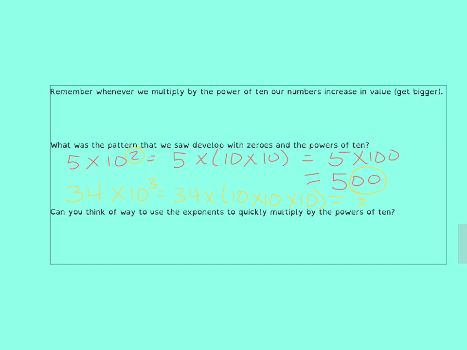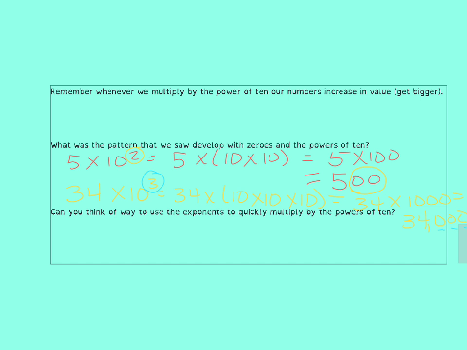So it will be 34 times 1,000. If I multiply those two numbers together, I will get 34,000. So let's quickly check. I have 1, 2, 3 zeros, and I have the exponent of 3. Are you starting to see the pattern now?